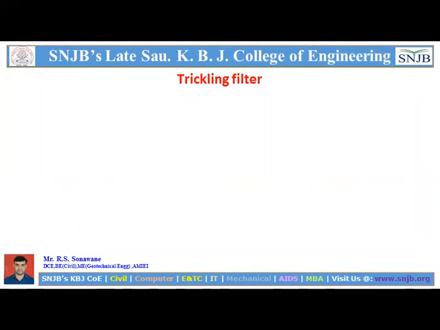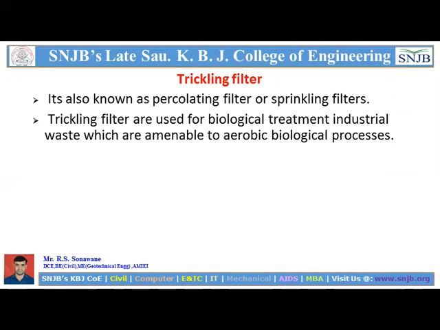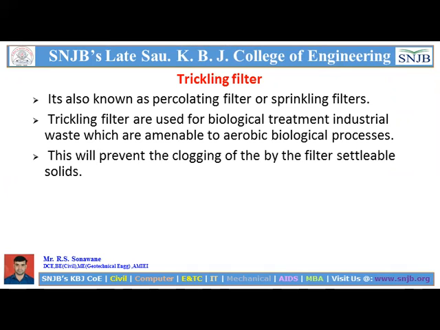Then the next part in the secondary treatment process is the trickling filter, which is very important. We learn it in unit number 4 also. It's also known as a percolating filter or a sprinkler filter. Trickling filters are used for biological treatment of industrial waste which is amenable to aerobic biological processes. This prevents the clogging of the biofilter by settleable solids.